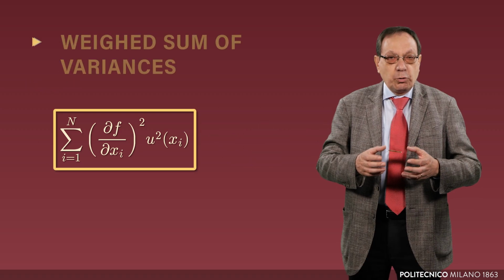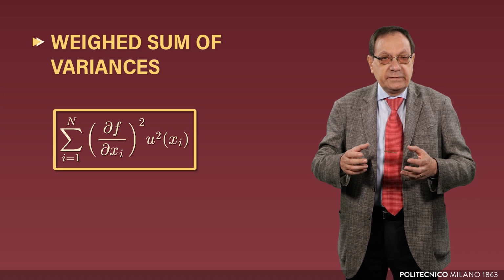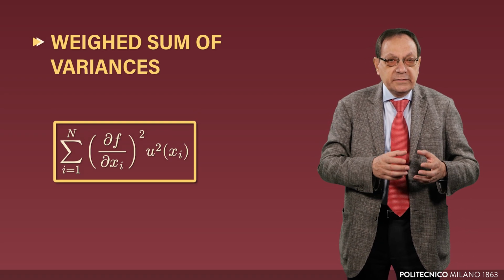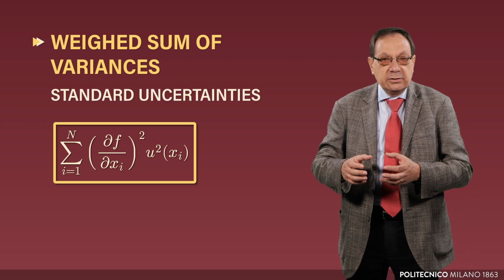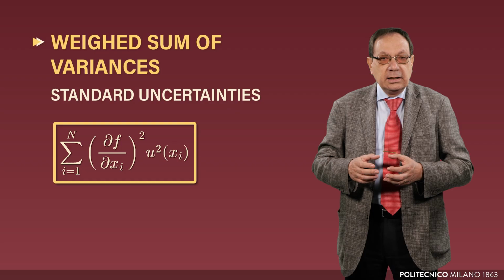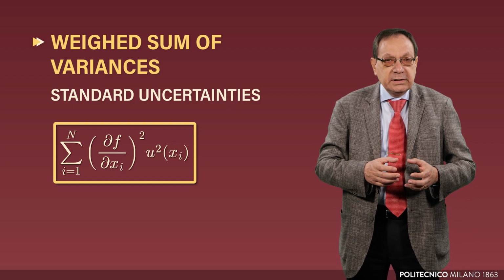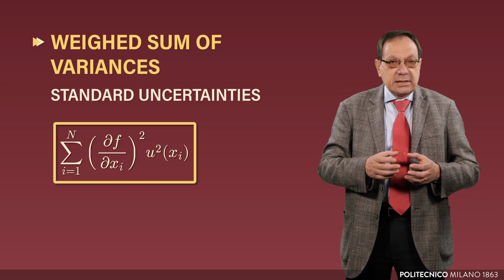The first is a weighted sum of variances and therefore always positive terms, where the variances are given by the squares of the standard uncertainties associated with the measured values of quantities xi, and the weights are given by the squares of the partial derivatives of function f with respect to variables xi.